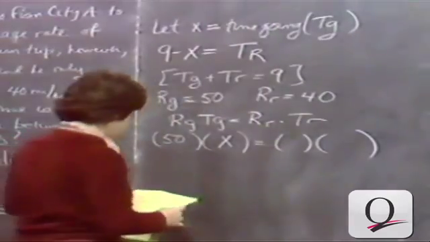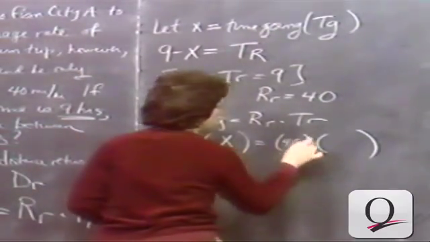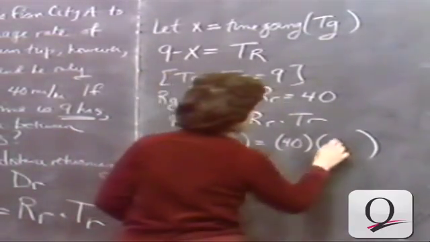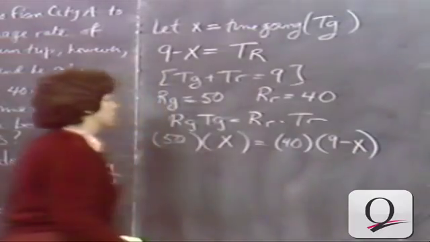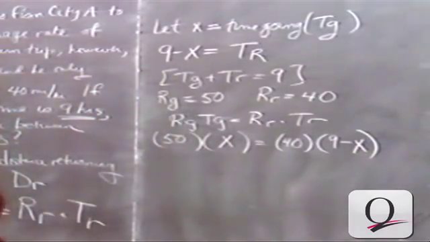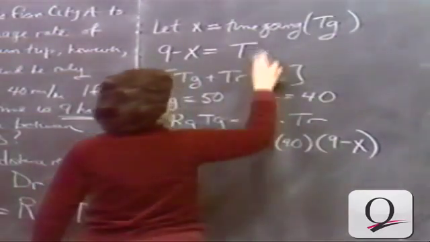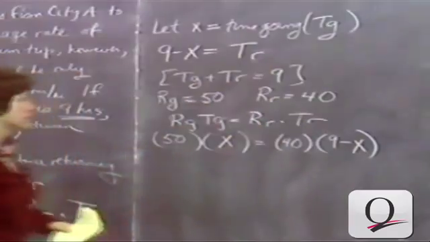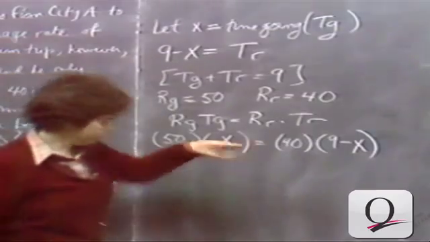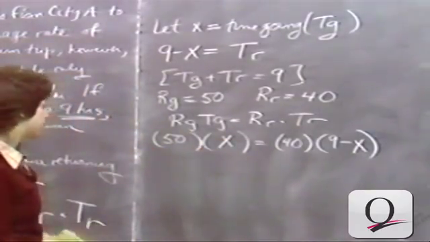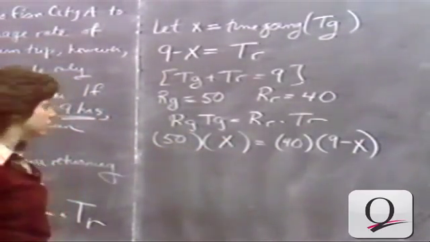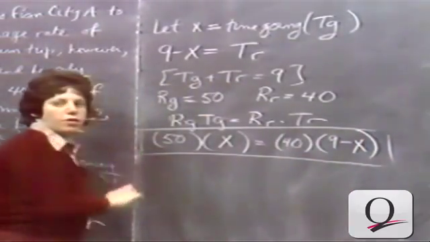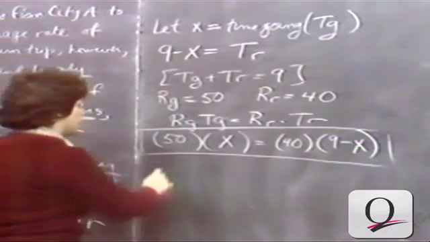The rate returning is 40 miles per hour. The time returning is 9 minus x. Just make this a little r so the notation looks the same. Now we're going to solve this equation for x. This is our key equation.